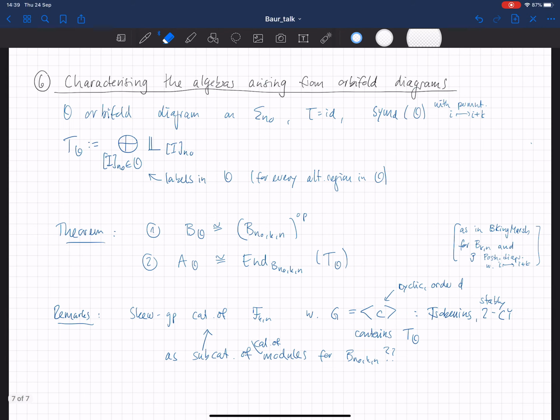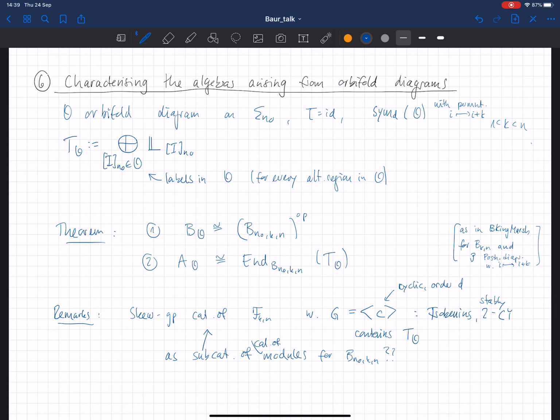And how can we link now the algebra and the orbifold? For that we should restrict to the case where we have an orbifold diagram which comes with tau equals identity, and where the symmetrized version has permutation i goes to i plus k, again with k smaller than n.